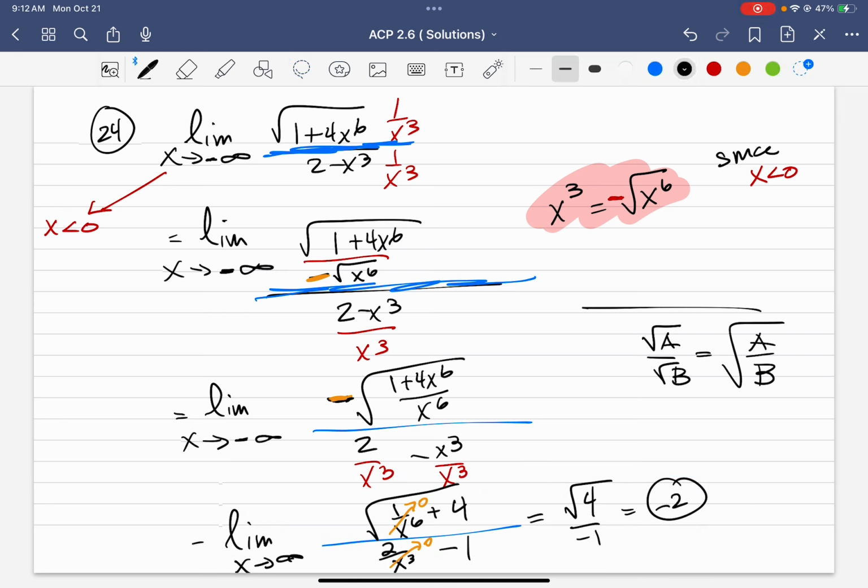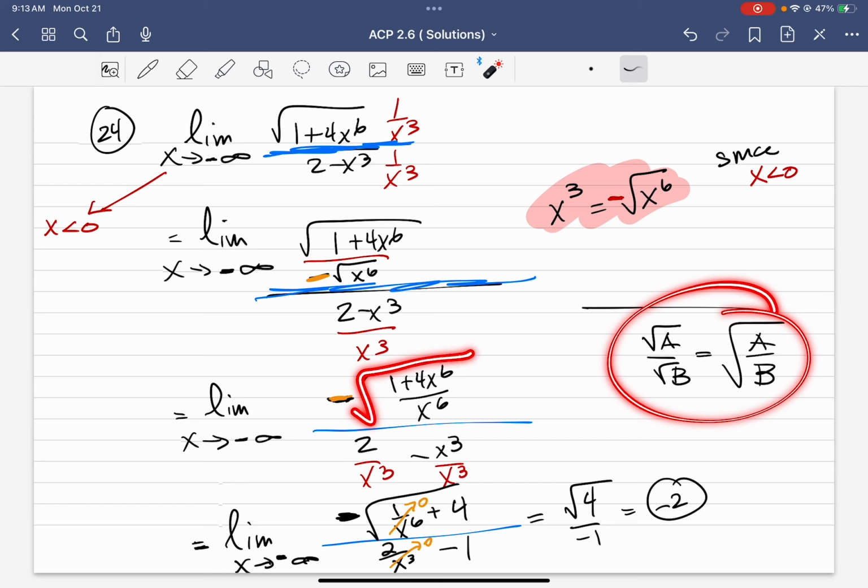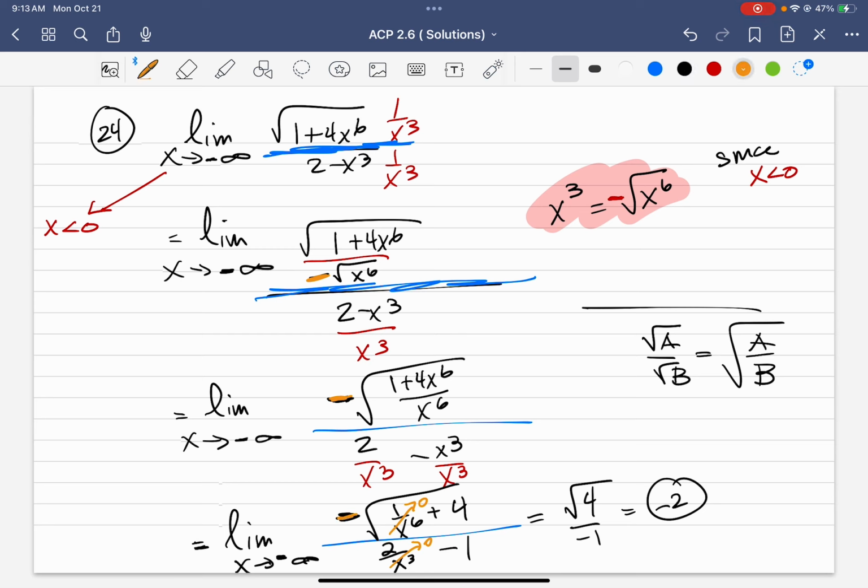And so x is going out towards, in this case, negative infinity. What's going to happen is you're going to have this negative chilling out here. So now when you put a root over root, again, because of this property, it's going to be one big root. And now as we let x go out to negative infinity, this is still going to go to 0.